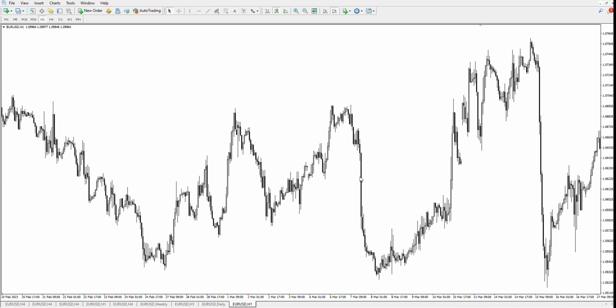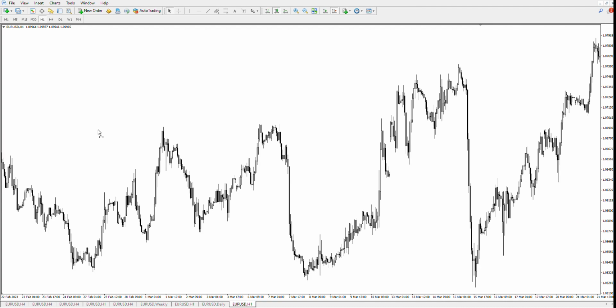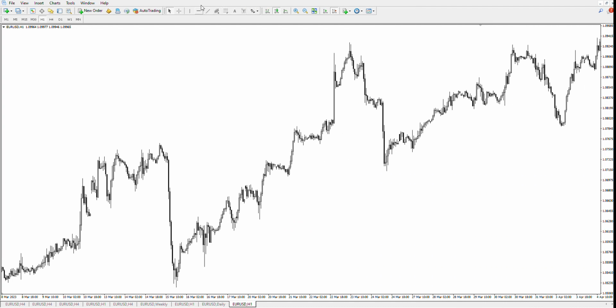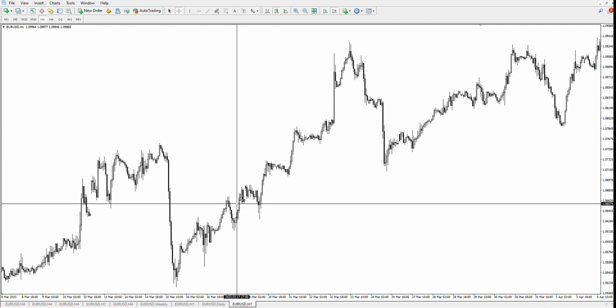Fractals can be broken. They are not perfect, but in GBP USD they're very good fractals. I mean, price does respect fractals in GBP USD. And you see they can be of various shapes, they can be also of prolonged shapes.